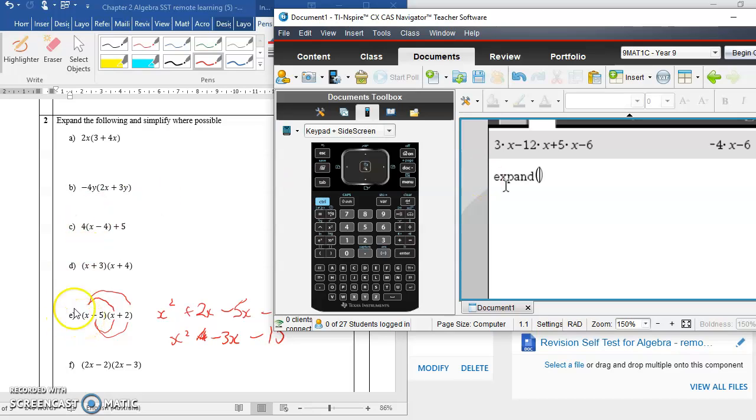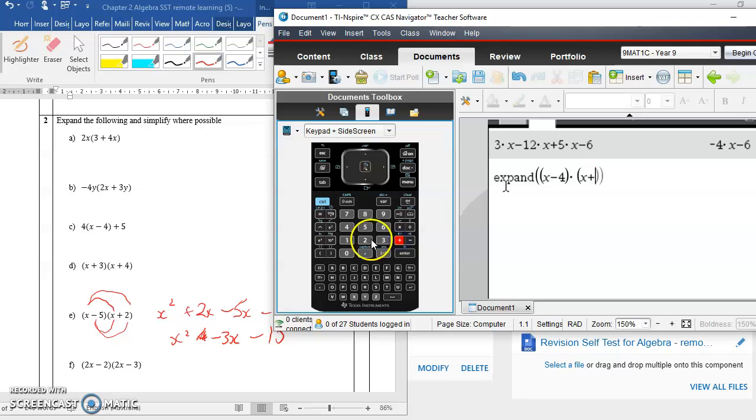So that's bracket x minus 5, just go across. You can either use tab or crossover, times it by, it's binomial product. Again, another set of brackets, x plus 2, and press enter. And there you go.